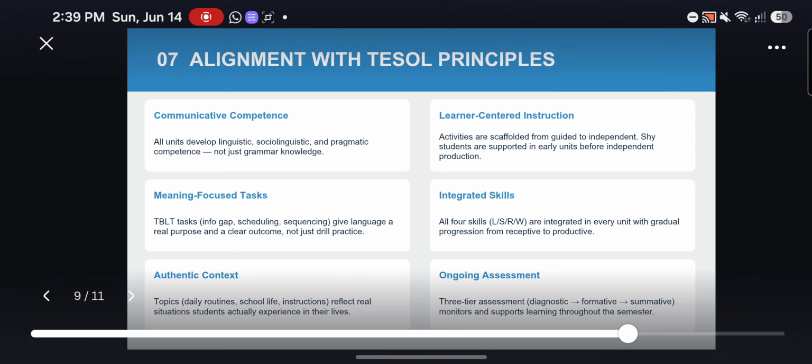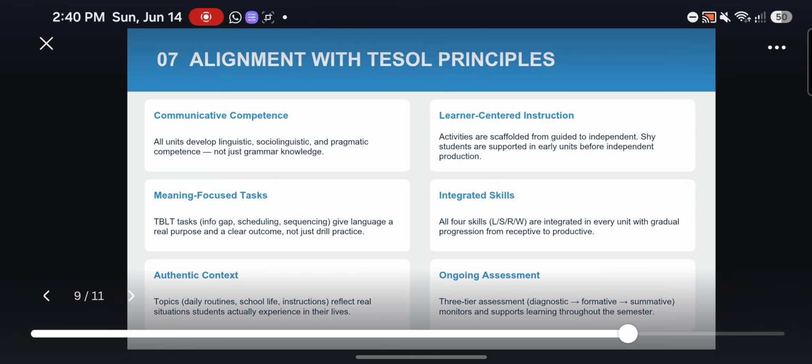Second is learner-centered instruction. Activities are scaffolded from guidance to independent, so that students can participate safely before being asked to produce language on their own.